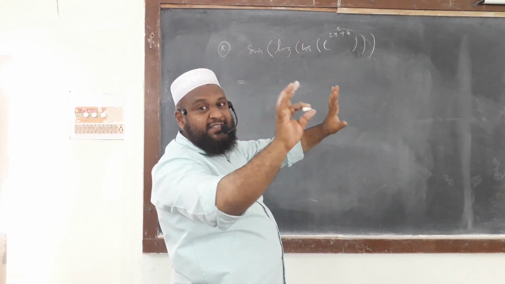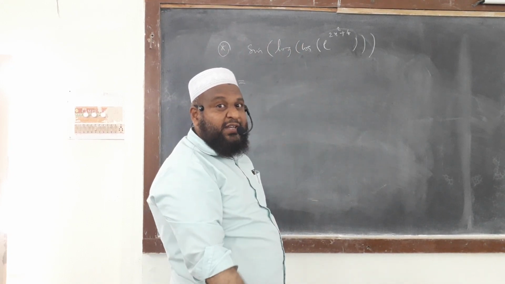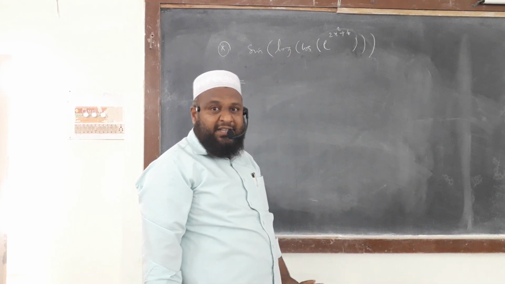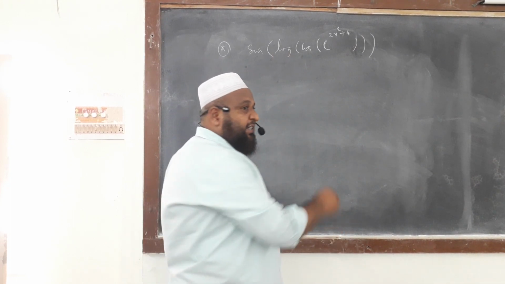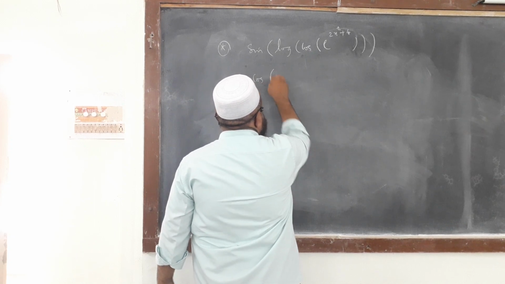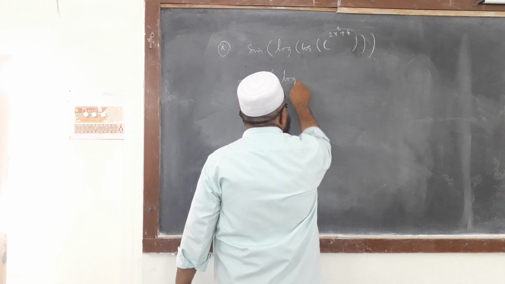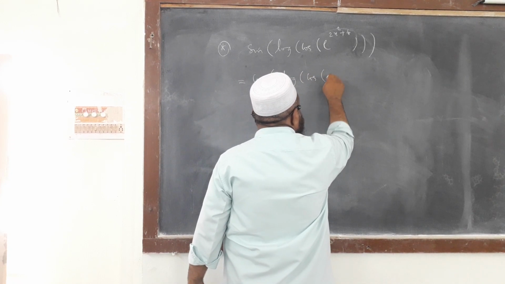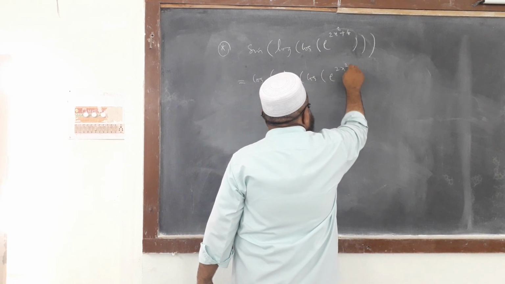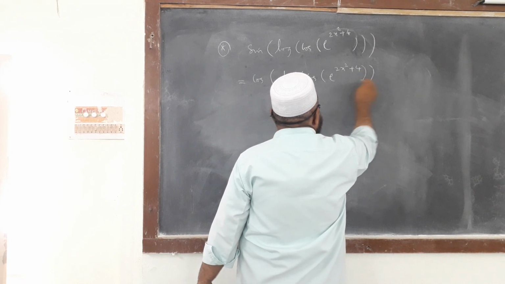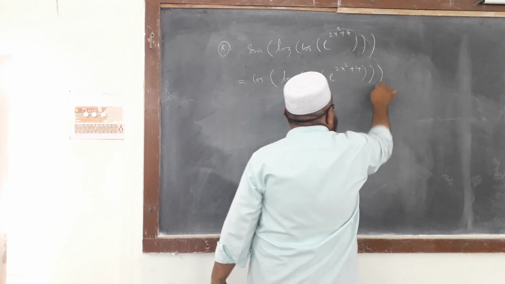At a glance, the outermost is looking like sine of something, no? So what do you do? Cos of something. The sine derivative is cos. So you write it as cos. Copy this as it is. So it is log of cos of e to the power of 2x square plus 4. Following 1, 2, 3, 1, 2, 3.